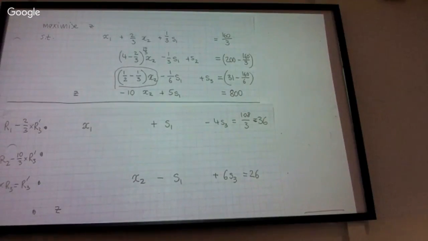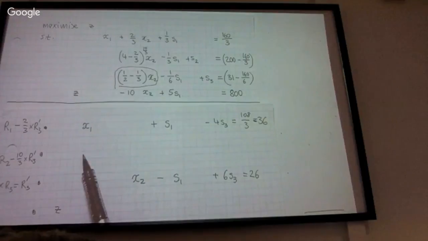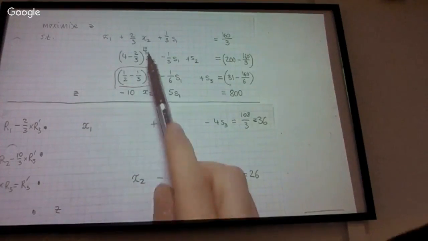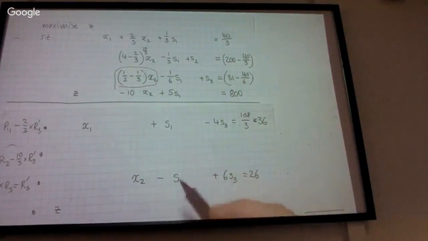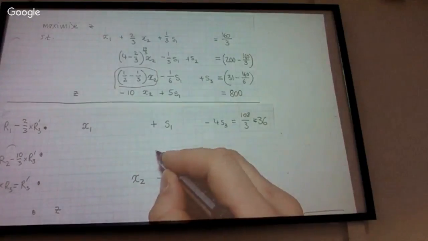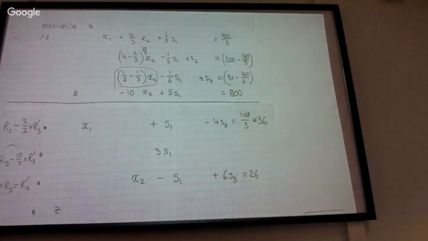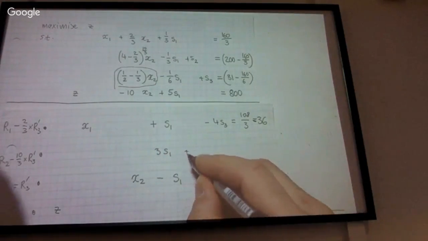So what I'm getting is no x1, because there was none and I'm taking away none. No x2, because there was 10 thirds and I'm taking away 10 thirds. I'm adding 10 thirds, so I'll have 3s1. And I'll have s2.